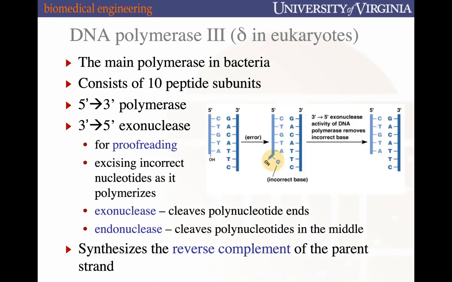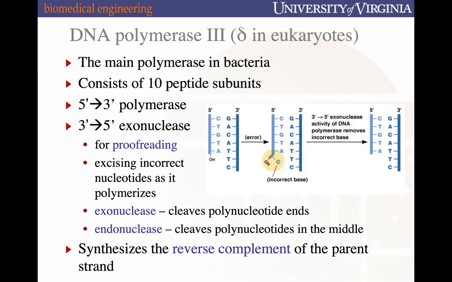As dNTPs are adding in these nucleotides, if it's the wrong one, DNA polymerase 3 or DNA Pol delta will be able to sense that because of this kink in the conformation from the wrong pair, because the hydrogen bonding isn't matched up. Now it'll detect that, switch roles, and act as a nuclease to remove that wrong base pair.